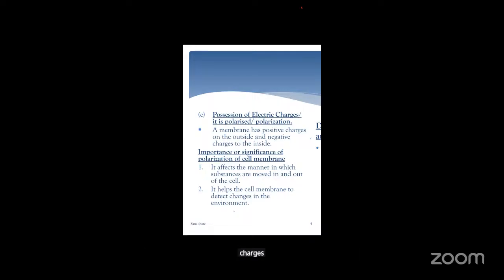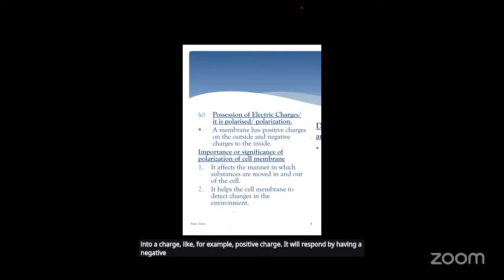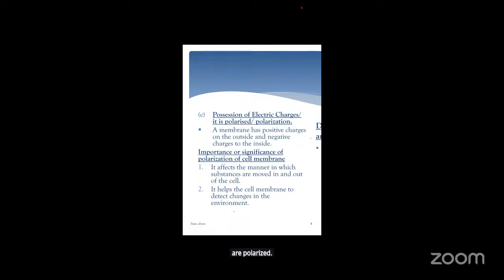What this means is if you expose a cell to a charge, like for example, a positive charge, it will respond by having a negative charge. So therefore, the importance of a cell being polarized, ama possessing positive and negative charges, is that it affects the way substances move in and out of the cell.